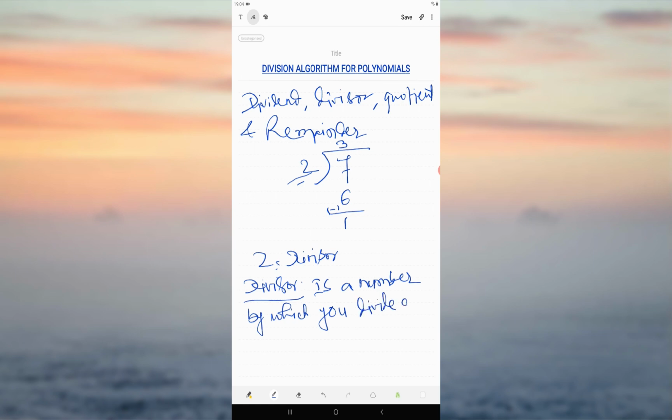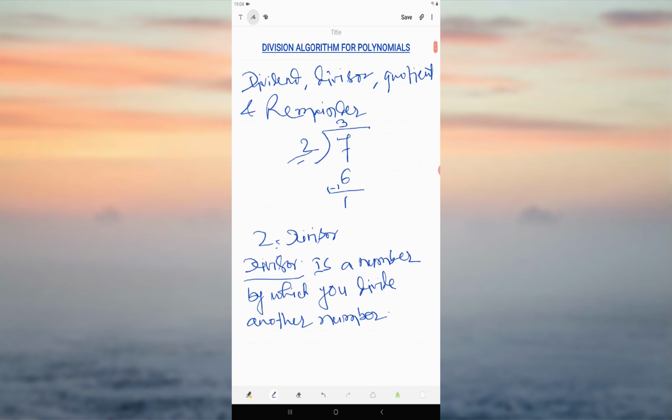Simple. For example, in the previous division which I did, here 2 is the divisor.